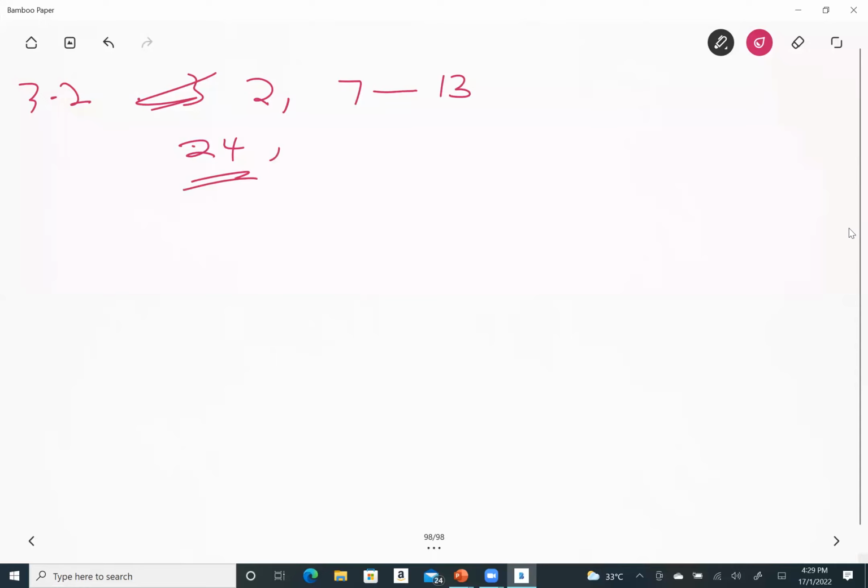Cukup lah 24, sebab semua 3 by 3. So buat 24 cukup. Or maybe you can do one more, 26. Okay, boleh. All right. So that is multiplication of matrices.